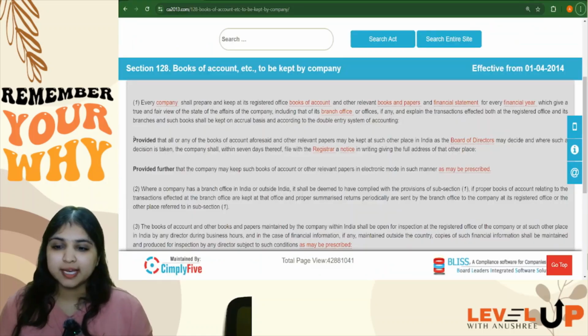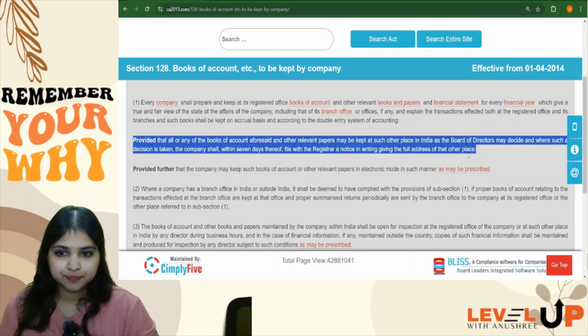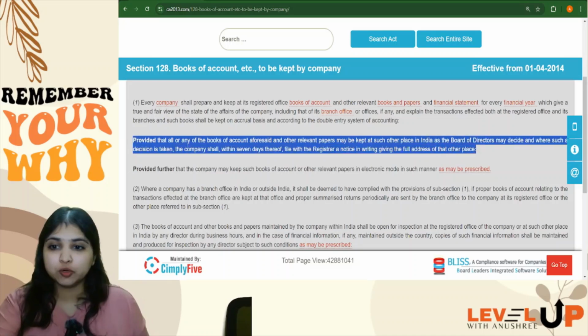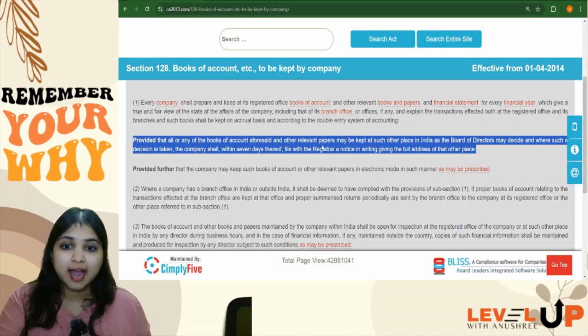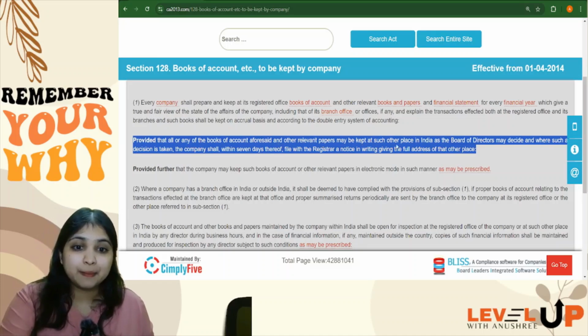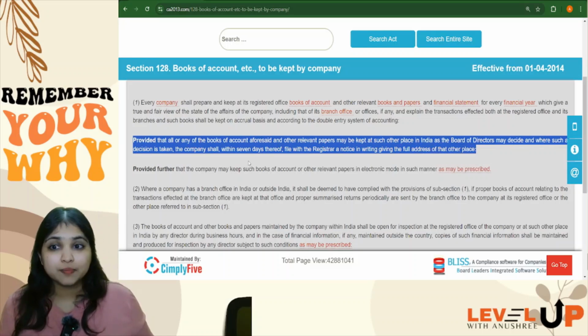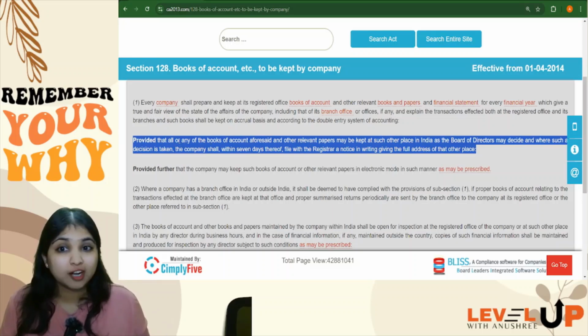See, read the second proviso over here. Follow my cursor. Provided that all or any of the books of accounts aforesaid and other relevant papers may be kept at such other place in India as the board may decide. So what does this mean? Do I have to keep all my books in one place only? Not necessary.